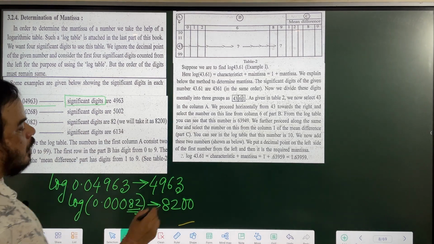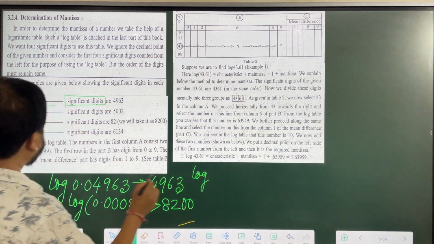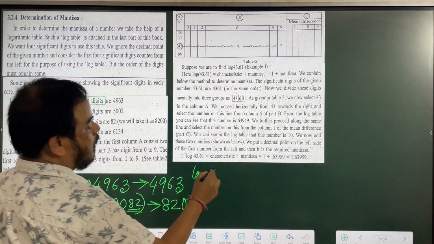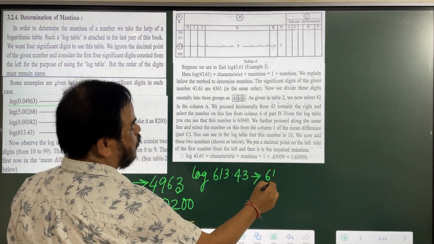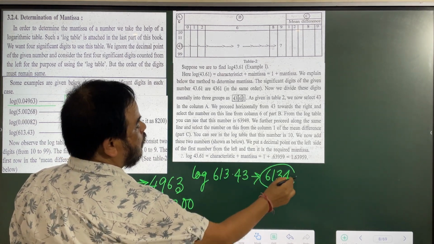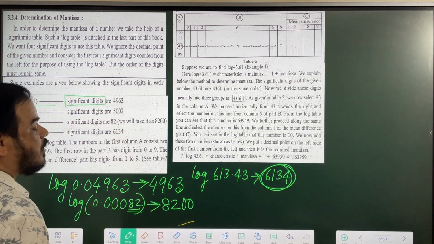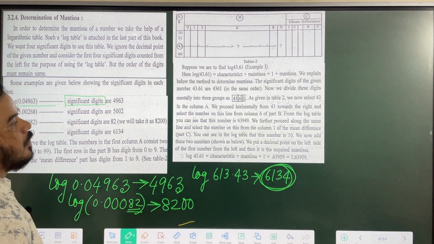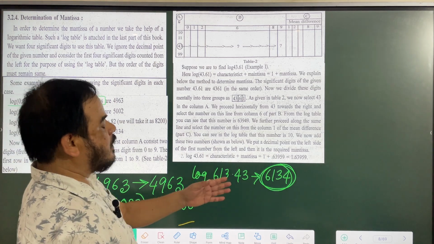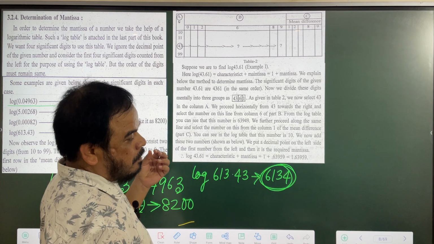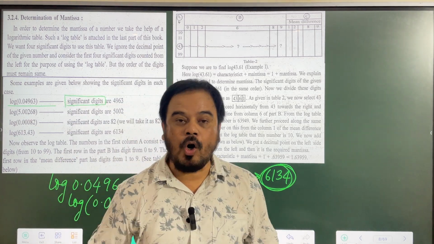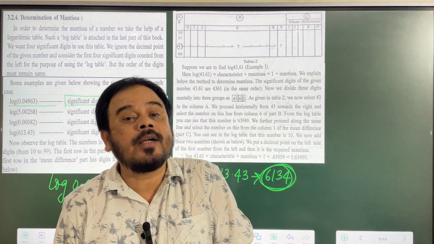And one more: log 613.43. Its significant digits will be 6134, only 4 digits. Why are we learning significant digits? We will get to that later on. We are learning this to find out the log of any number from the log table.